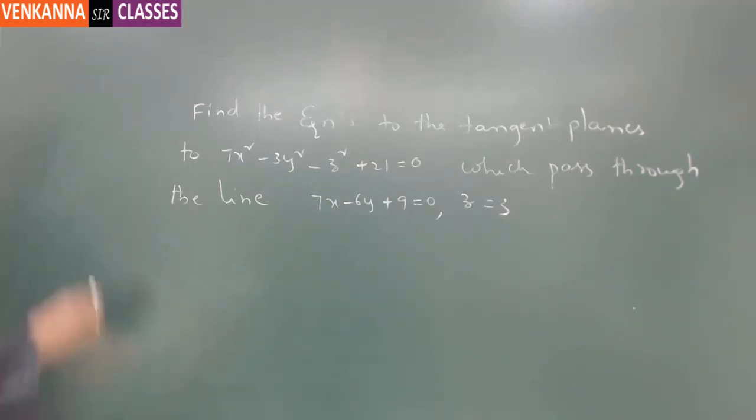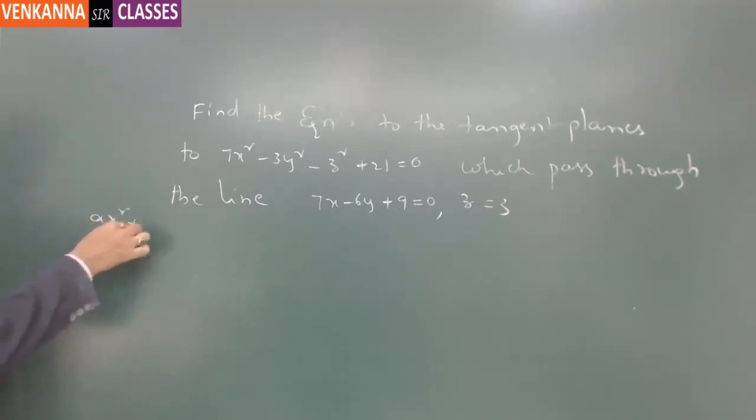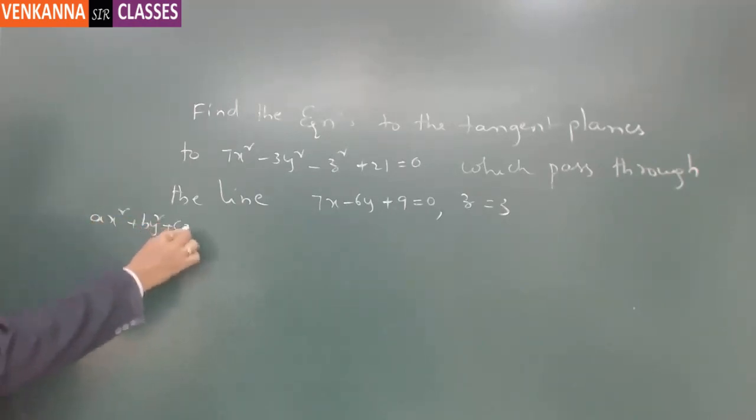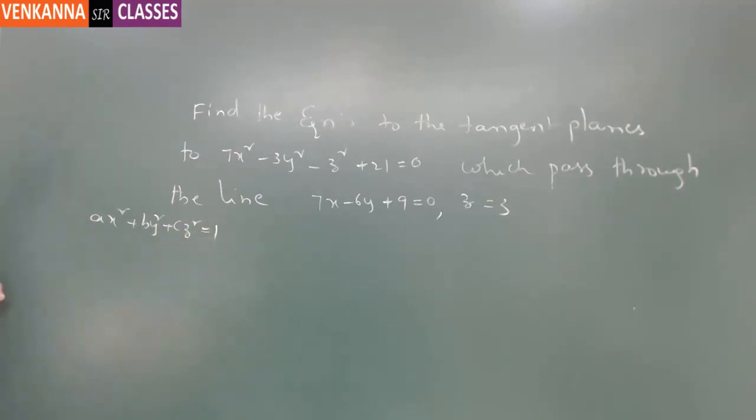So the standard form is nothing but ax square plus by square plus cz square equal to 1, or you can take the other form as x square by a square plus something equal to 1.